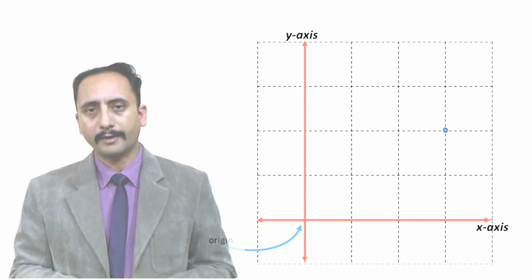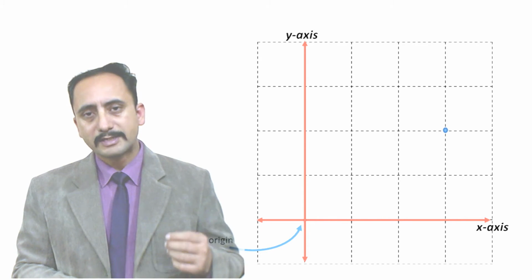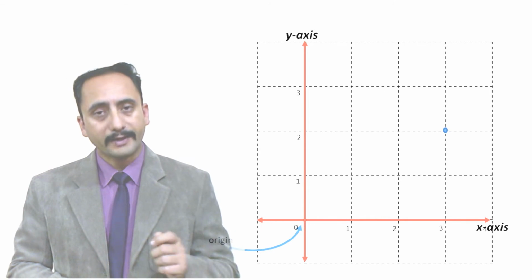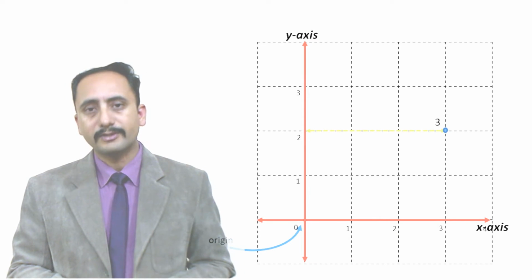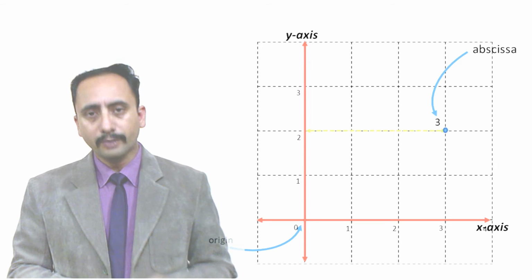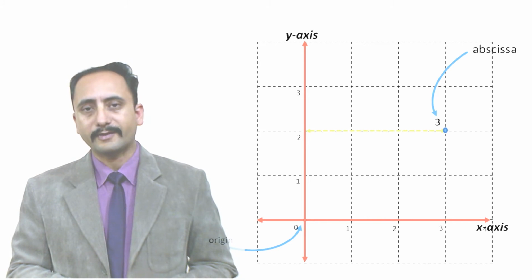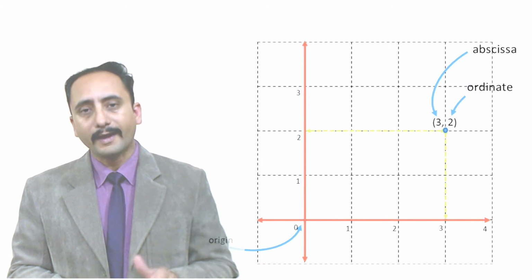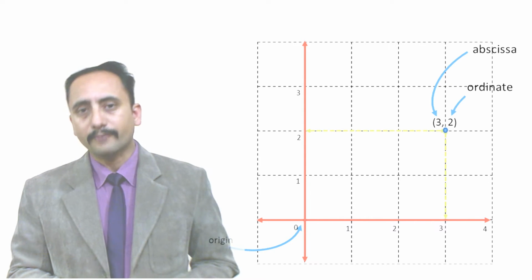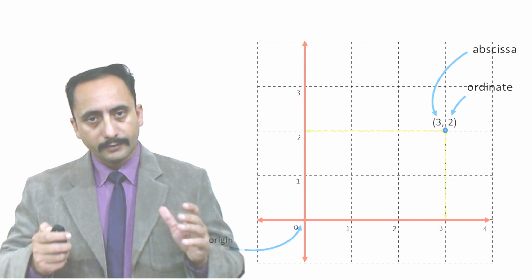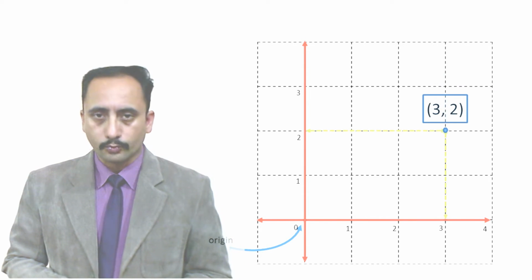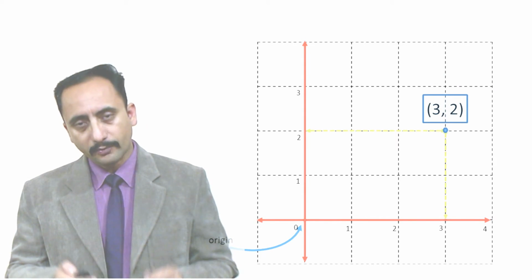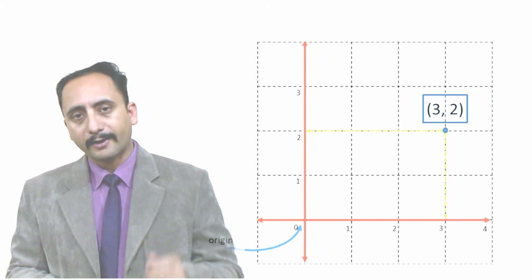In order to reach this point, I have to move 3 units horizontally from the y-axis, and 3 is known as the x-coordinate or abscissa of this point. And I have to move 2 units vertically from the x-axis, and 2 is known as the y-coordinate or ordinate of this point. So the coordinate of the given point is (3, 2), which is generally written in round brackets with a comma in between.